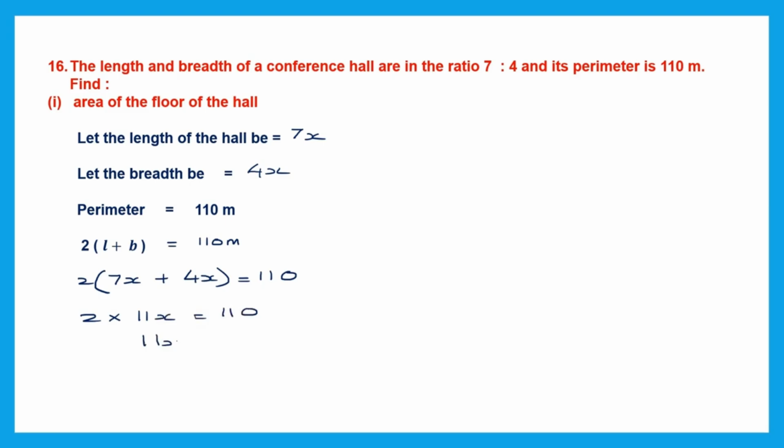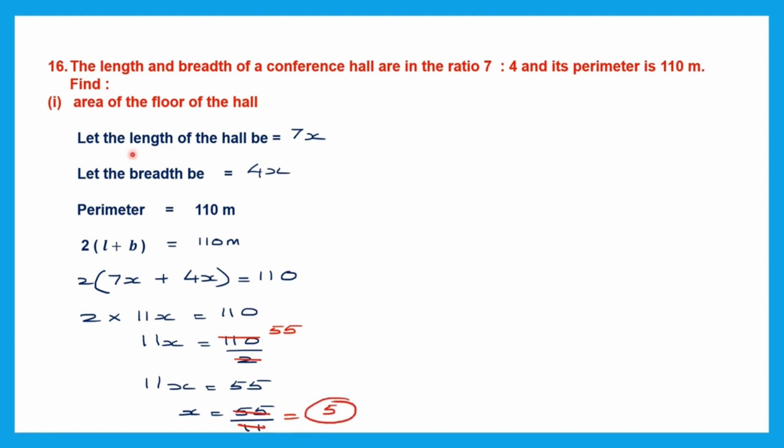So 11x is equal to 110 divided by 2. So we can cancel here, 2 ones are 2, 2 into 55. So 11x is equal to 55. So x will be equal to 55 by 11, and when you cancel, you get 5. So this is the value of x.